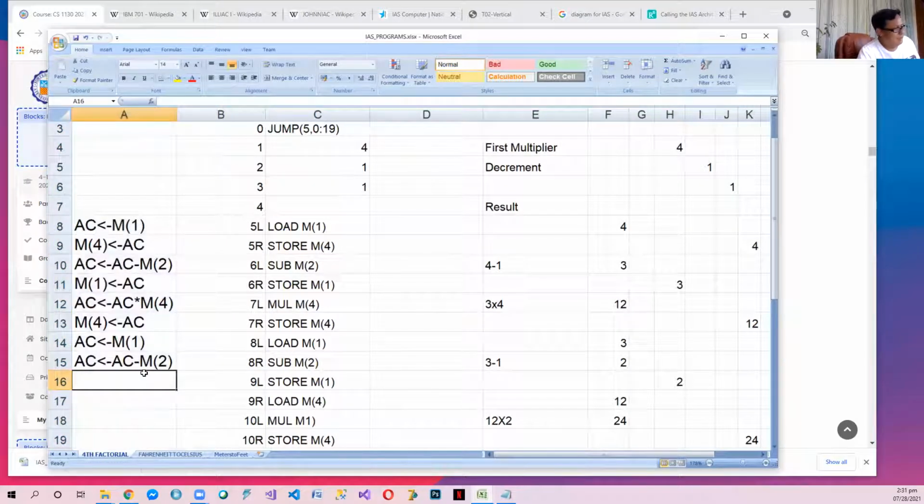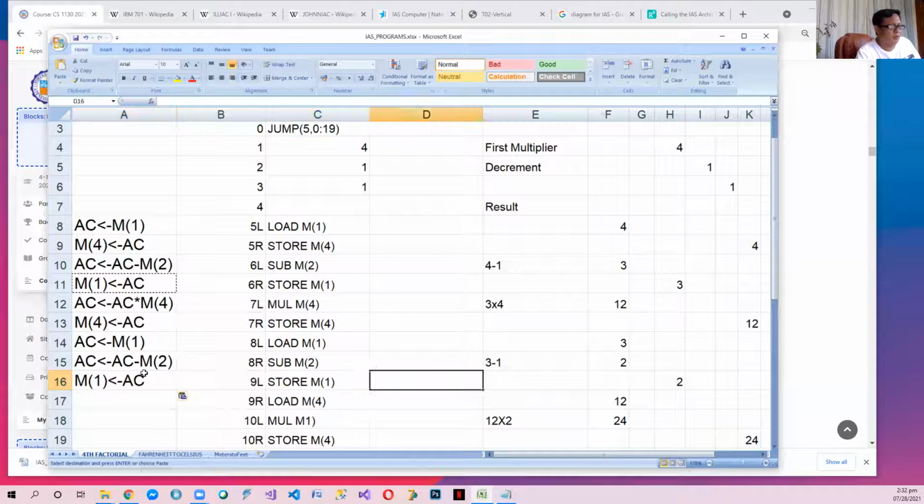So this is a repetition of compute the next partial product and compute the next multiplier. Store M1. This is M1 receives AC. So M1 now becomes 2. From 3, it's now 2, which means that the next multiplier will become 2.